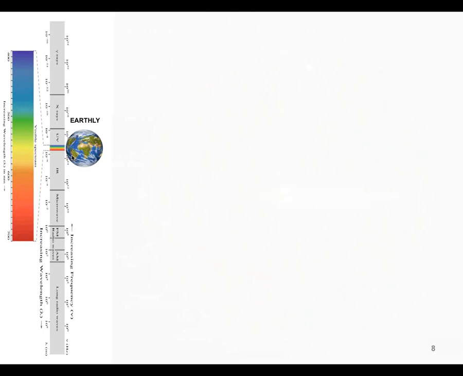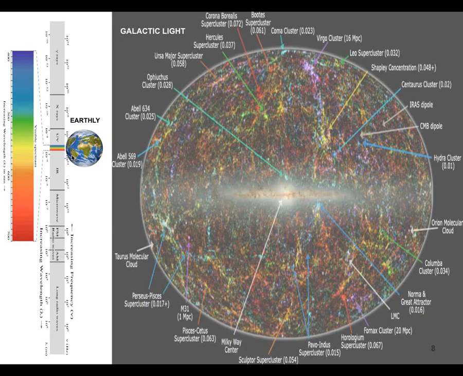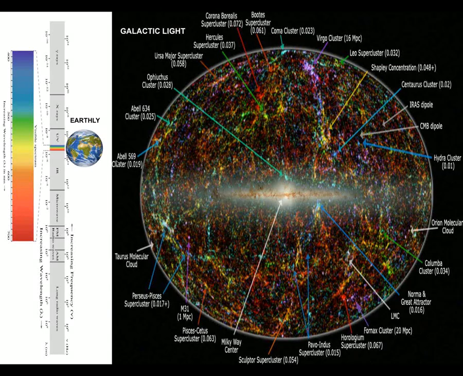Well, it continues to exist in the galaxy. So if you can imagine that we here on Earth can only see these tiny little three primary colors, but the cosmic light continues to exist around the Earth, in the galaxy. So the galactic light, look at it on the right side of the screen.